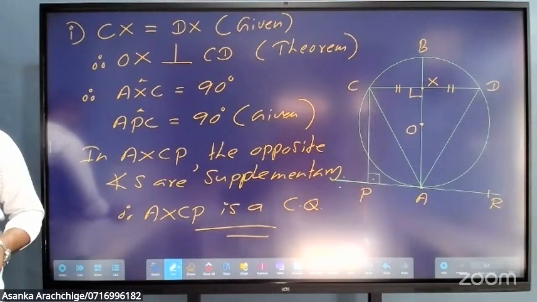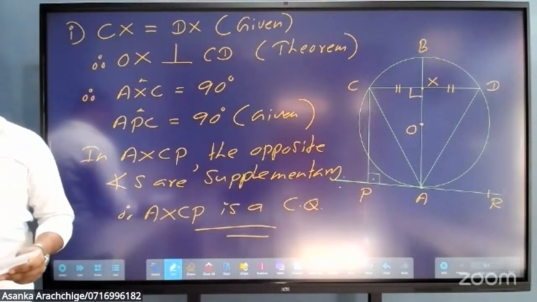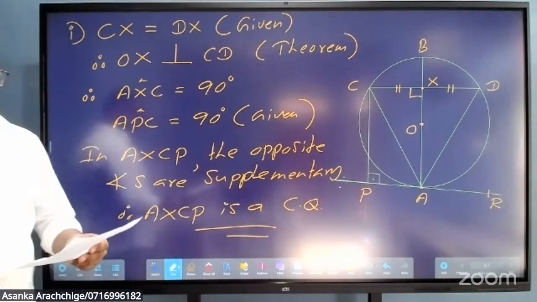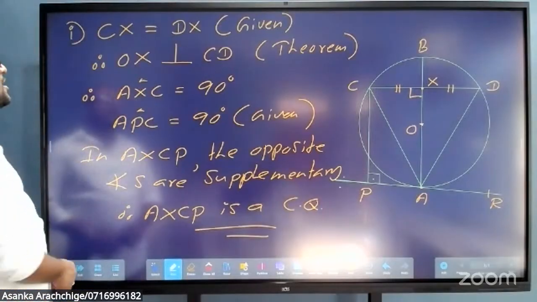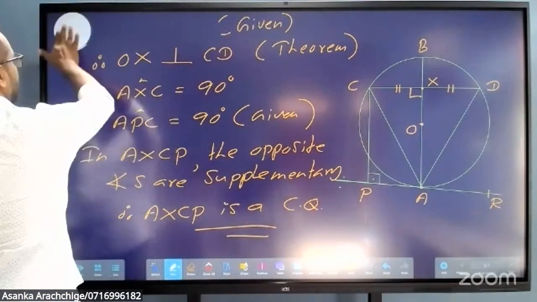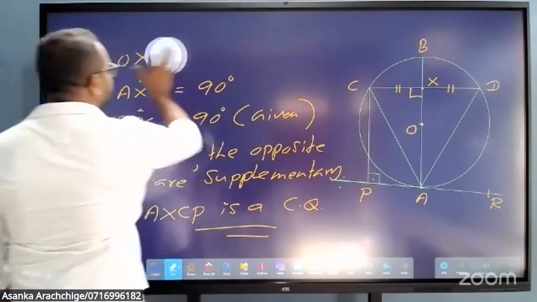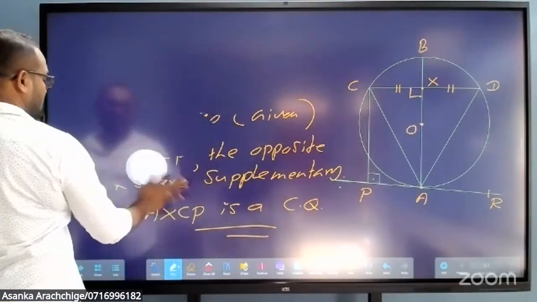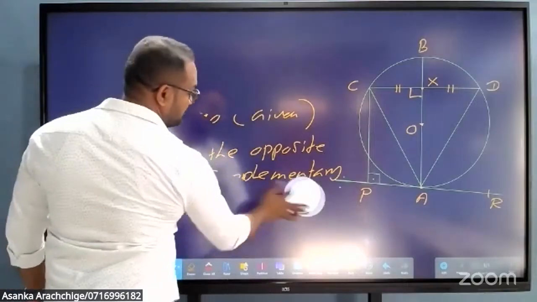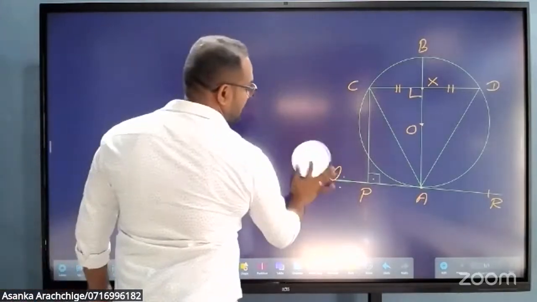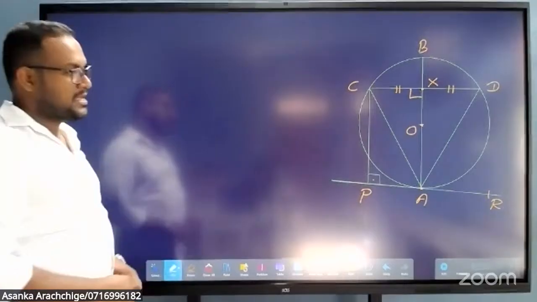Then state with reasons two angles which are equal to DAR. Let's see what they are.